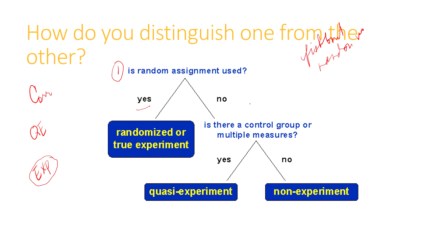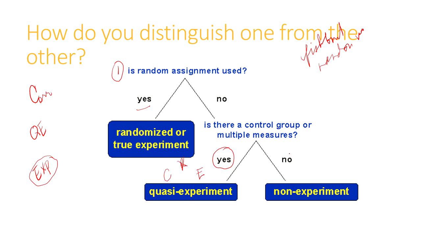If no, it can either be correlation or quasi-experimental. Is there control group or multiple measures? Pagka yes, meron po tayong multiple groups. Meron tayong control group at saka experimental group. Pero the grouping is not random. Then this is what you call a quasi-experimental.